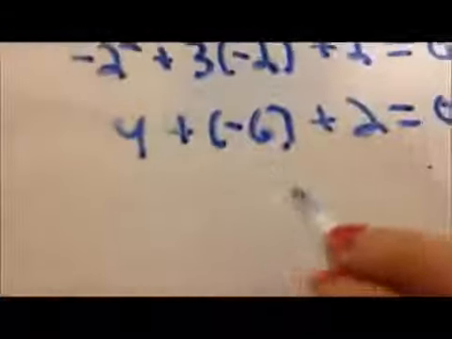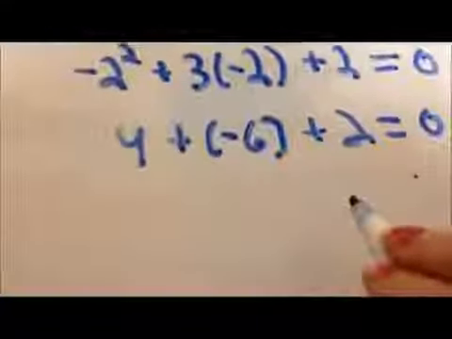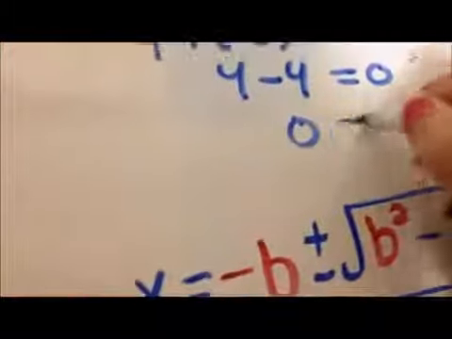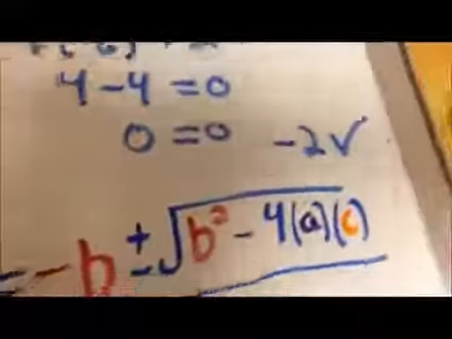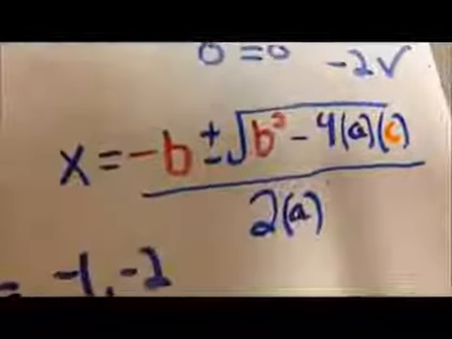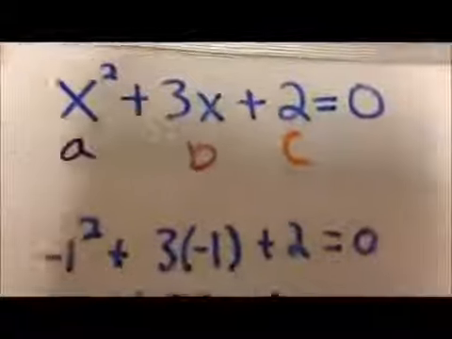So negative 6 plus 2 is negative 4. So 4 minus 4 equals 0, so 0 equals 0. Negative 2 checks out. And that is how you use the quadratic formula when solving a quadratic equation.